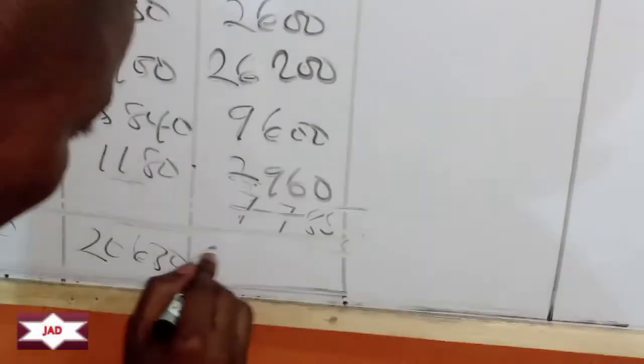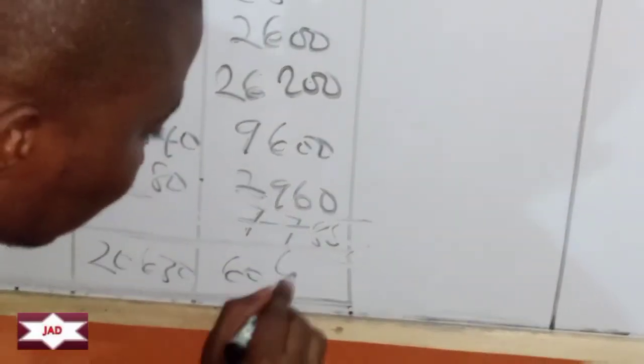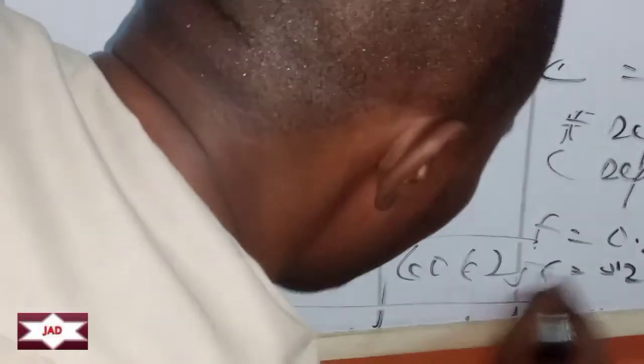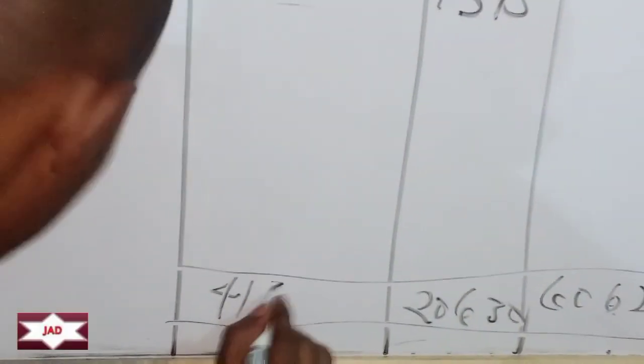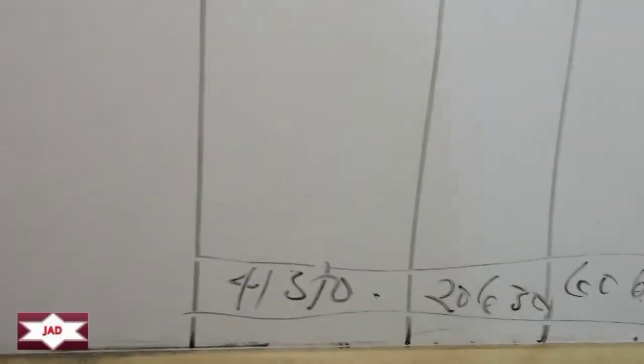Here will be 60,625. Okay, 10,630, 41,370.